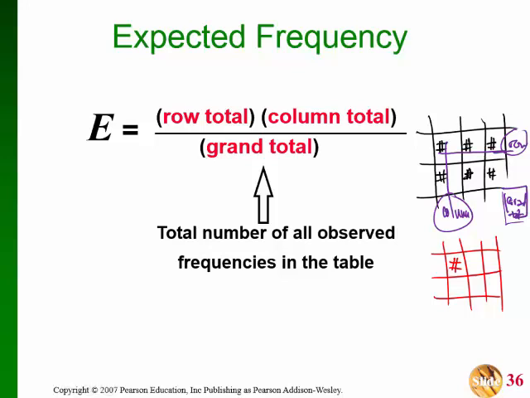And so that is going to give you that first block over here. And then you're going to need to do that for all the values in the table. Okay?